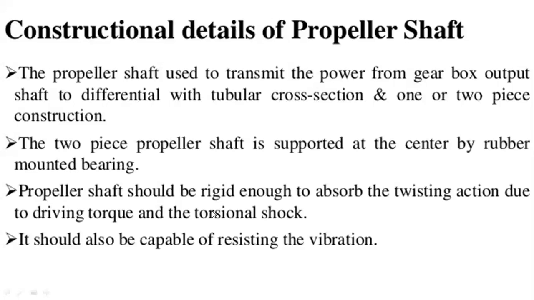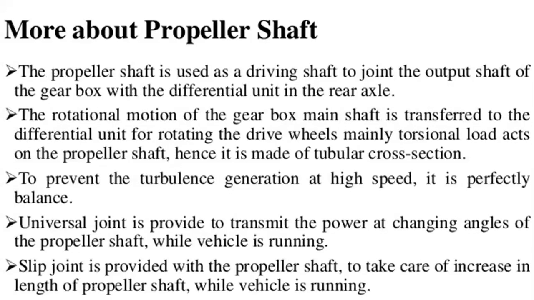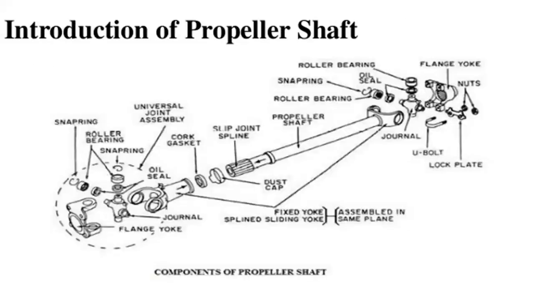And next one, what are the constructional details of the propeller shaft? You have already seen the constructional details of the propeller shaft. There are different types of parts involved. So what are the different parts? It has the propeller shaft, slip joint, spline, and a cork gasket, universal joint assembly, and also fixed yoke, splined sliding yokes, that is the journal.